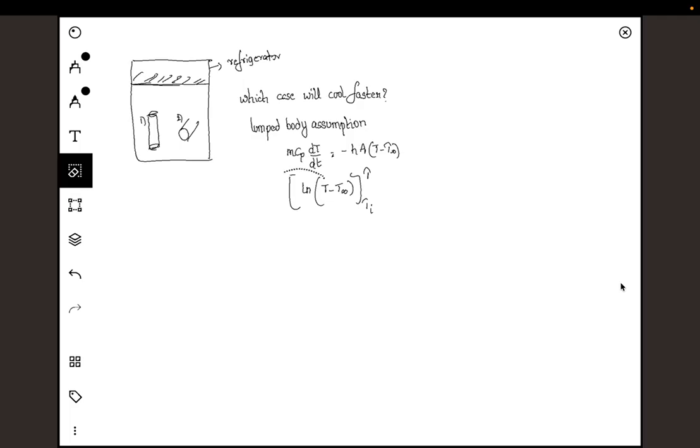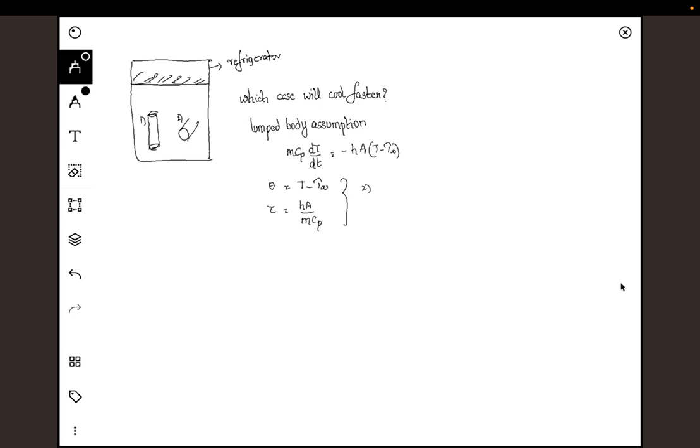Or we can define this in a very simple way where we non-dimensionalize this, assume theta equals T minus T infinity, and then substitute that here. So m c_p, I can also use another relation. Let's say tau equals m c_p by hA.